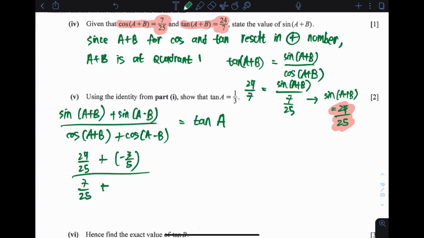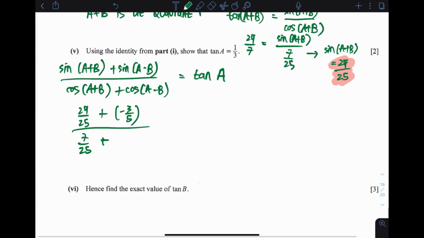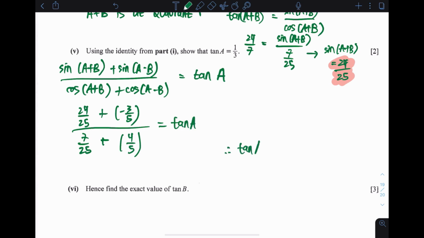And cosine of A minus B, I think it's also given here, is 4/5. Here we just plug in the numbers from our previous answers. So tangent A equals, you can just press the calculator, you'll get 1/3.